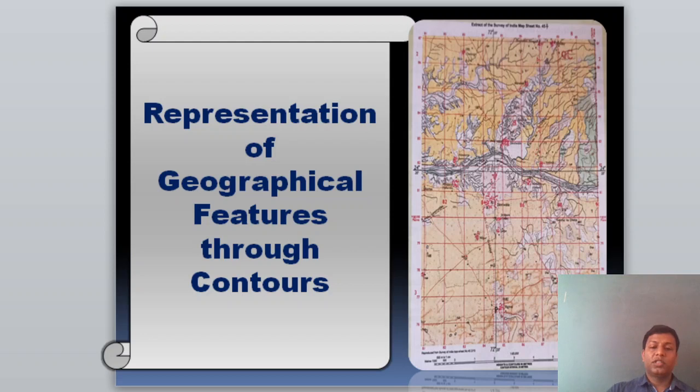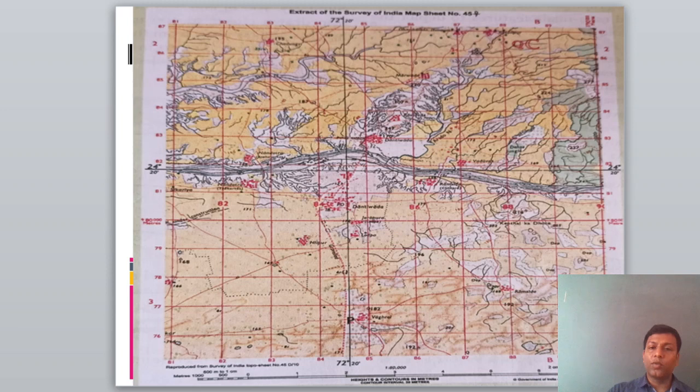First and foremost, we are going to deal with the learning objective of this chapter. Before that, just see this is your topographical map. There are so many lines and different color patterns you have seen in this topographical sheet. The beauty of this sheet is that both man-made features and natural features can easily be drawn and shown in one sheet.